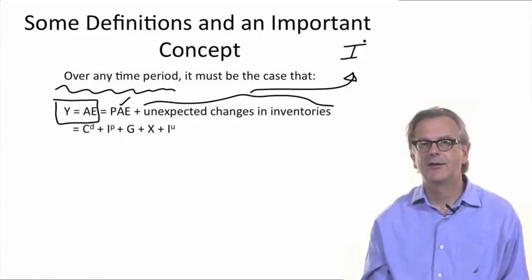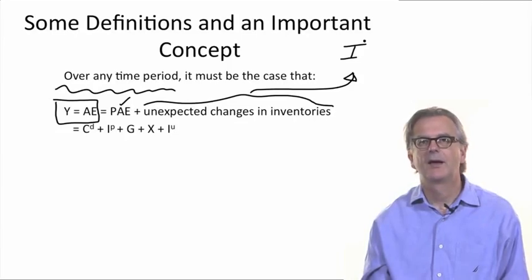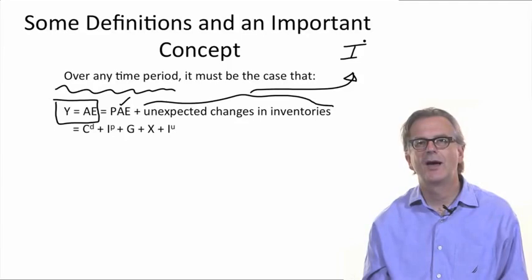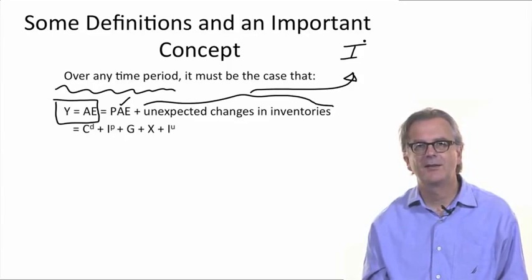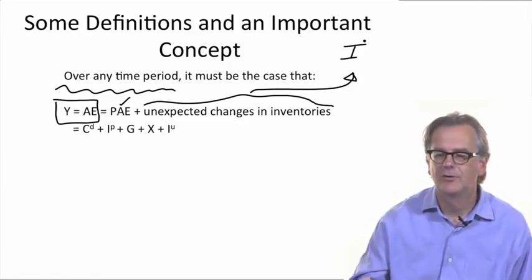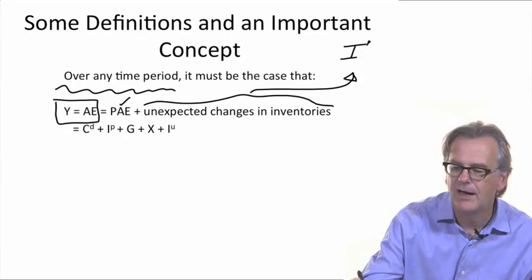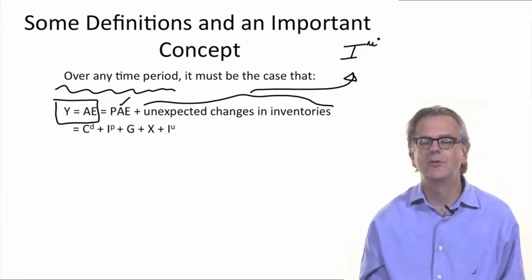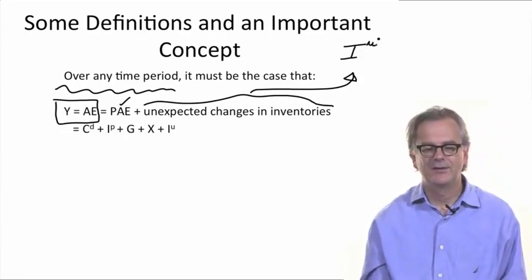Remember the idea that firms are treated as if they purchase their own unsold stock. So unexpected changes to inventories represent unexpected expenditure. So unexpected expenditure which is being undertaken by firms can therefore be thought of as unexpected investment, and I'll put a little U there.